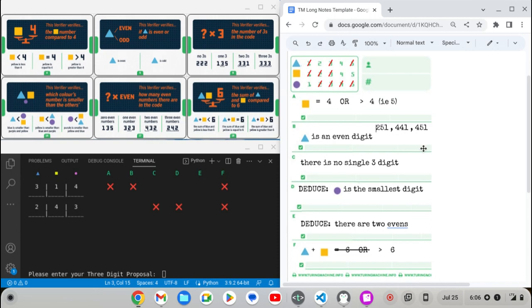Okay, so maybe my instincts were correct that there are 2 evens and it would have to be 441. So I'm going to cross out 251 and 451 as being ambiguous. Again, they both have 5. The first digit is even, no 3s, circle's the smallest, 1 even, and they both have a sum that's greater.